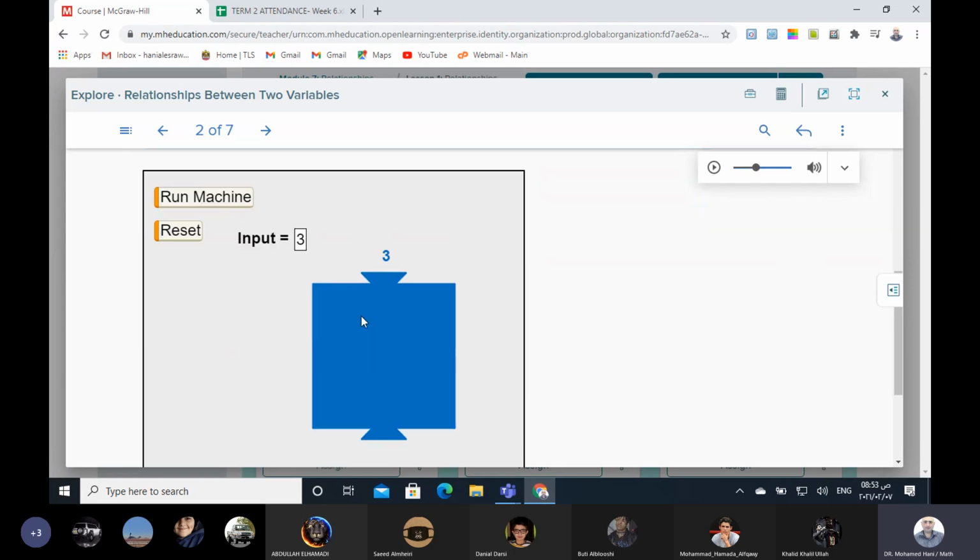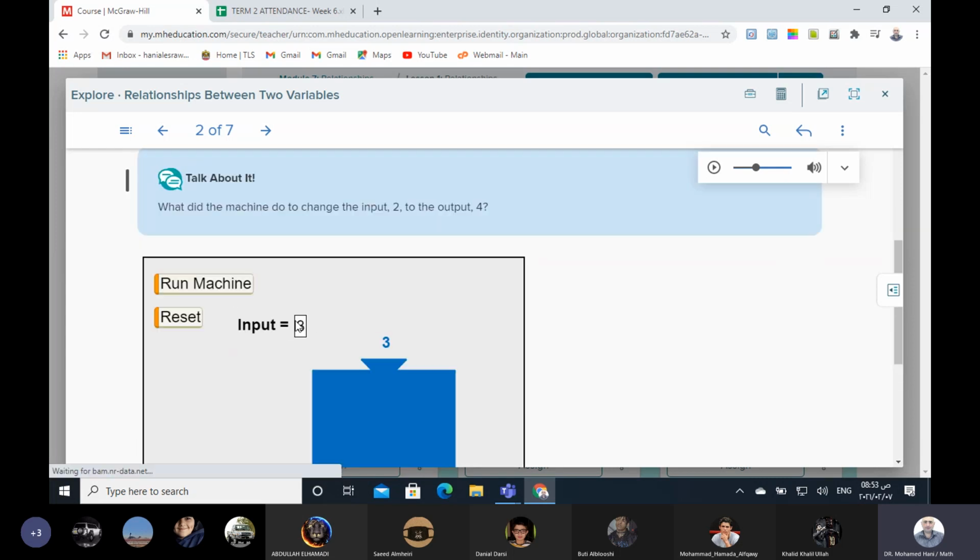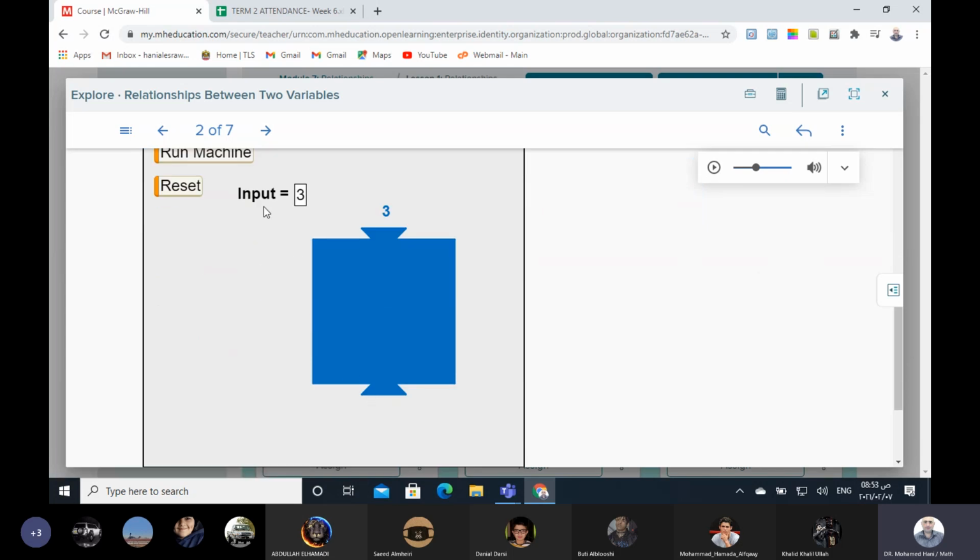If you change the input, we have the new output.